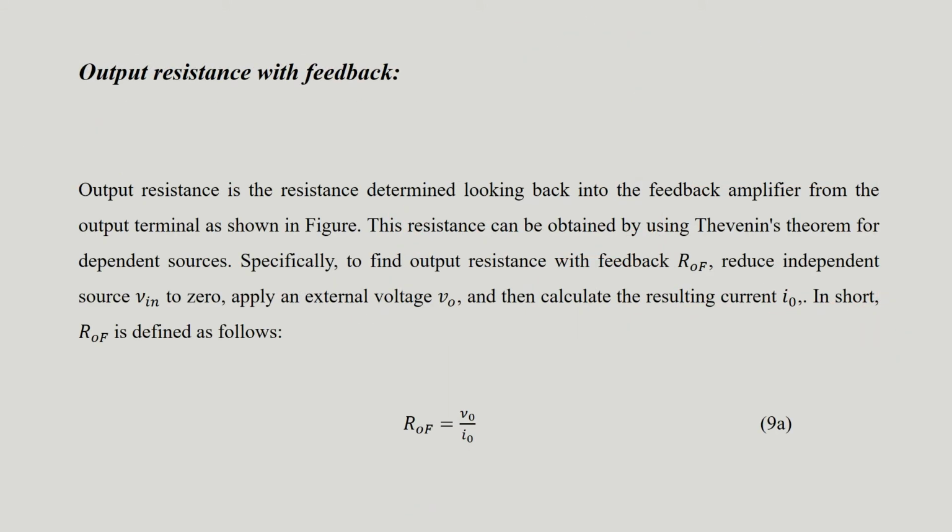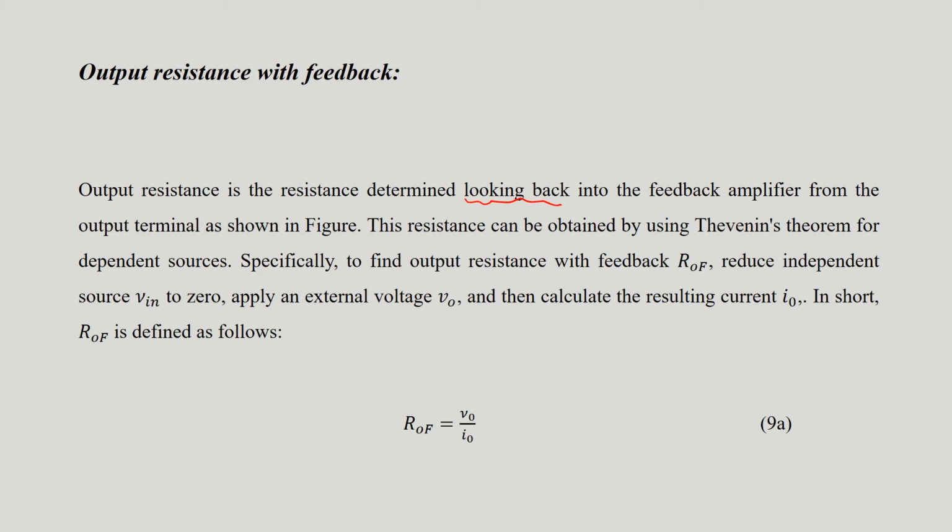So the next parameter is the output resistance with feedback. This is the resistance determined by looking back into the feedback amplifier from the output terminal, as shown in the figure on the next slide.